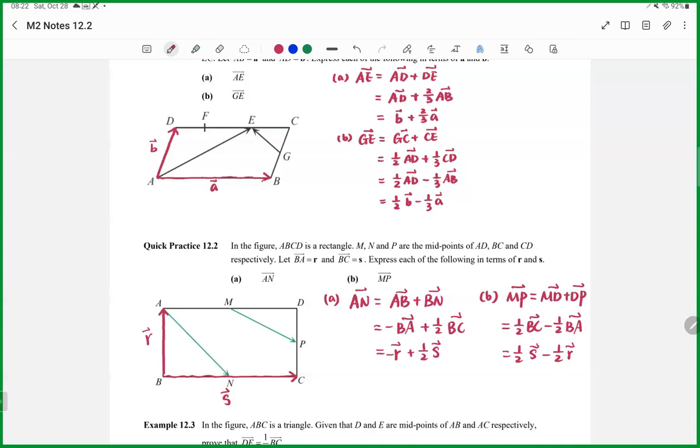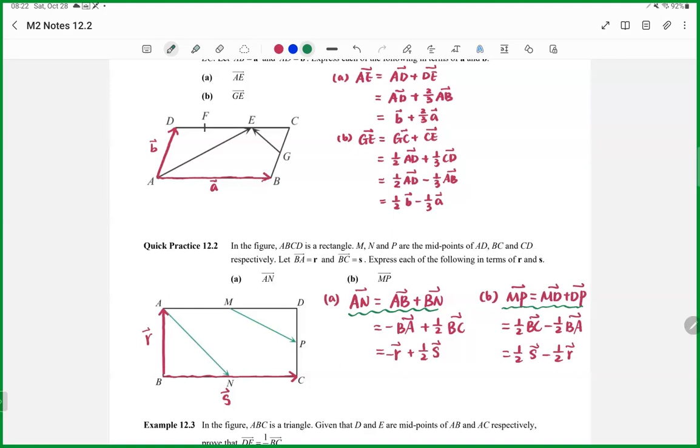Okay. Now I think you need practice in deciding how you express AN. I think in the example and in the quick practice, I only used addition. Of course, you can use subtraction, but I only used addition. Using addition, you see the technique: AN equals AB plus BN.